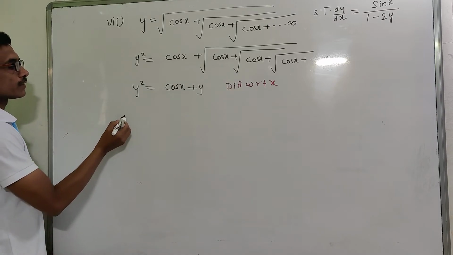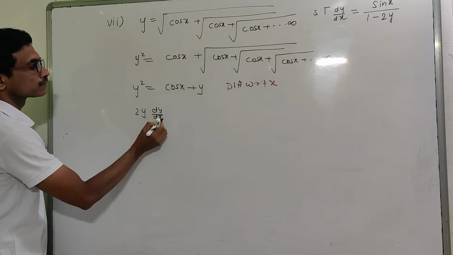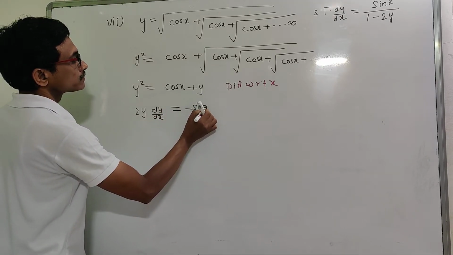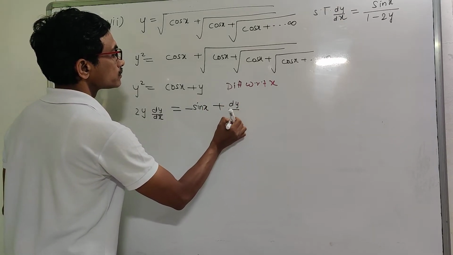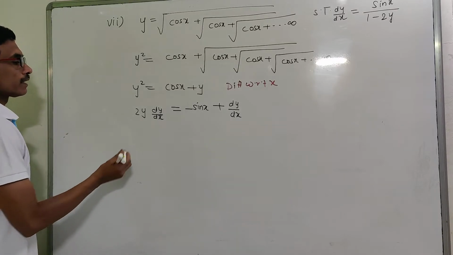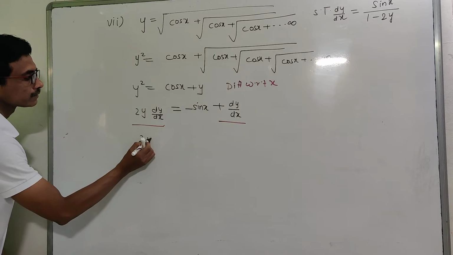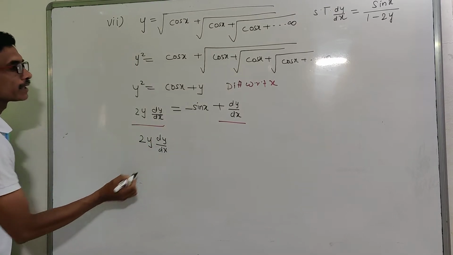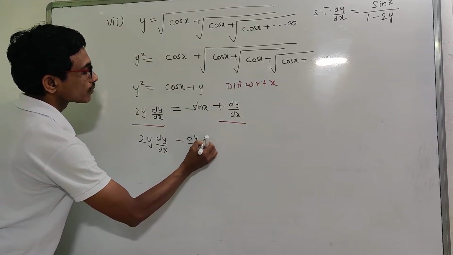The derivative of y square we write as 2y dy by dx. The derivative of cos x is minus sin x, and the derivative of y is dy by dx. Collecting dy by dx terms, 2y dy by dx minus dy by dx is equal to minus sin x.